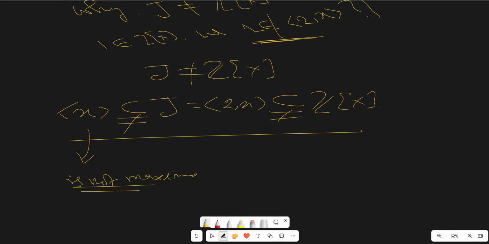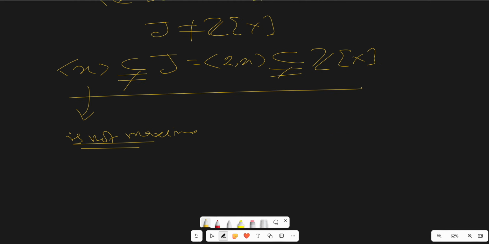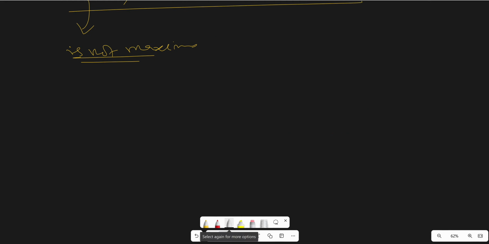Okay, let's analyze one thing here. What do you think about the ideal generated by 2 elements, that means 2 comma x? What is that actually? What is the ideal generated by 2 comma x?